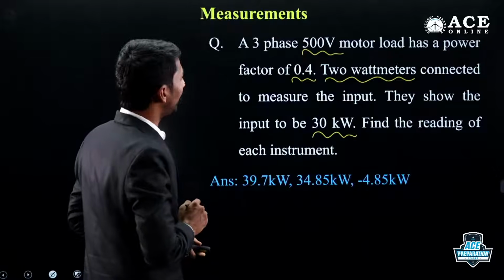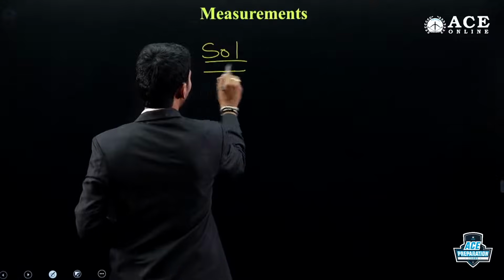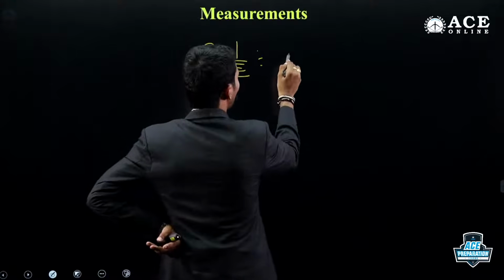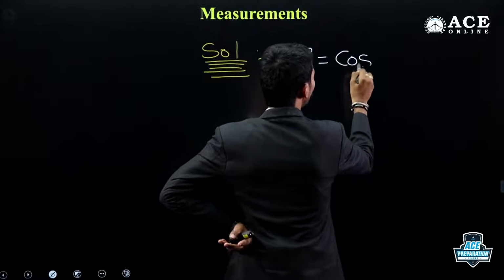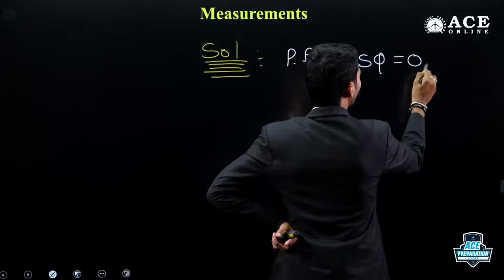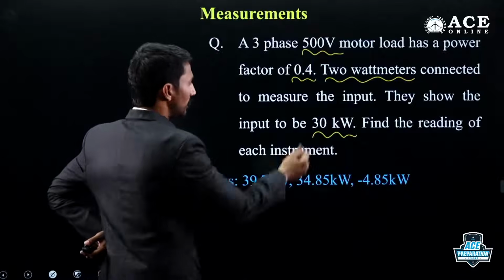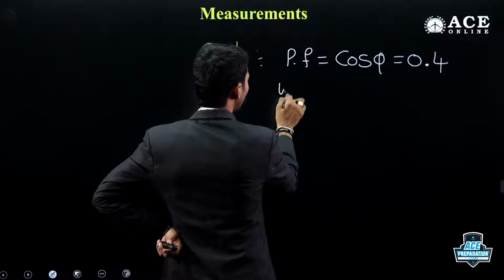In the given data, which is available to us, power factor is available. Cos phi is equal to 0.4. And they show the input to be 30 kilowatt. What is that?